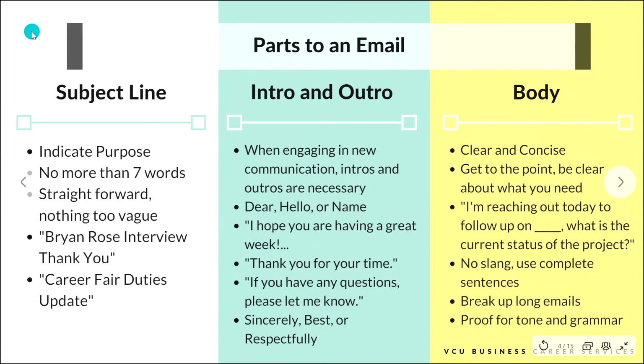So as we think about an email, there are parts to an email, right? The subject line is important. We want to make sure that it indicates purpose. I get, probably in a busy day, 75 to 100 emails a day. That's what I get when we're full on in the year and doing our whole full slate of work.